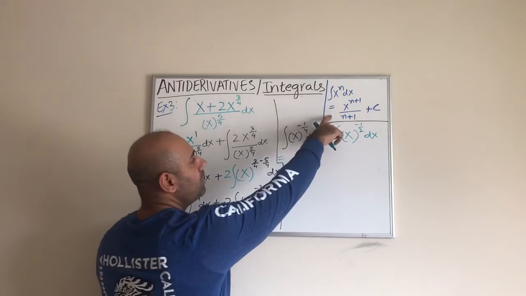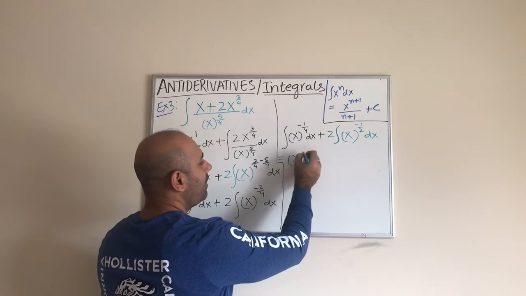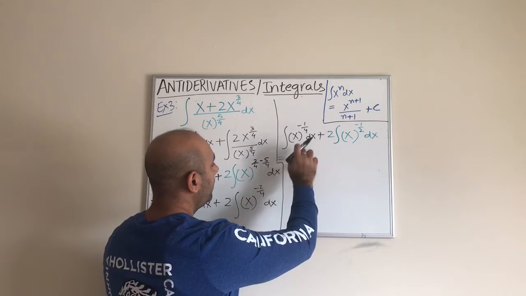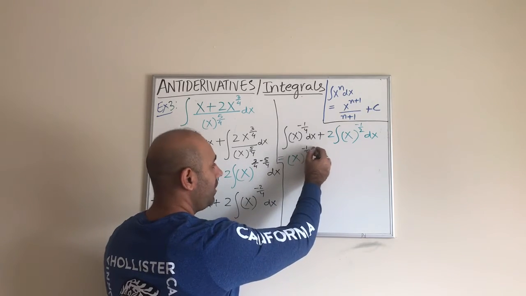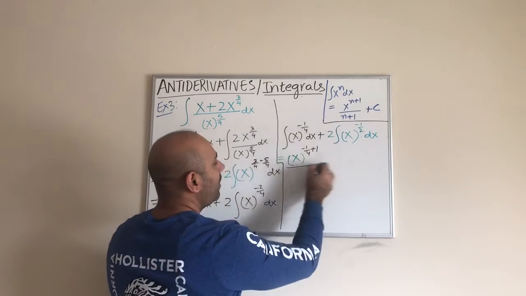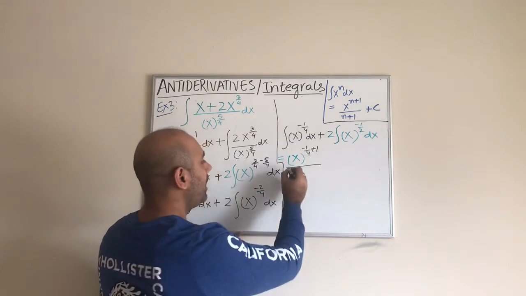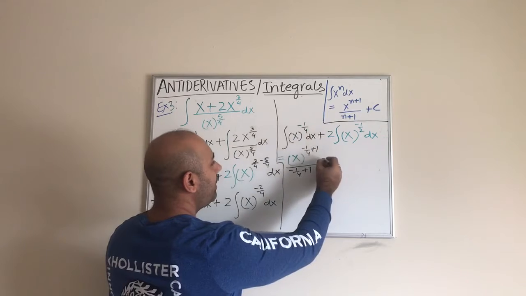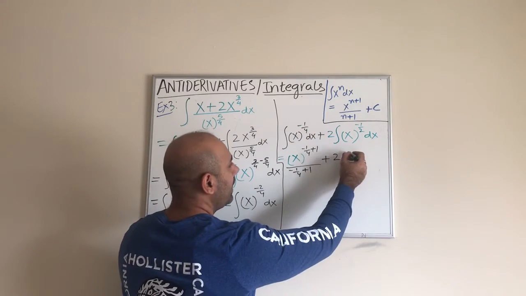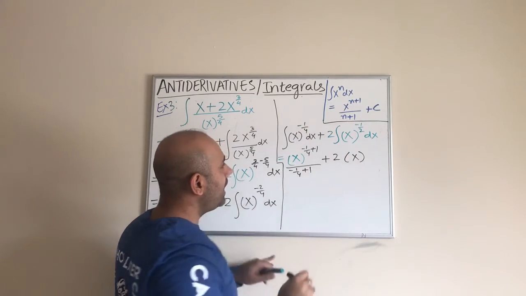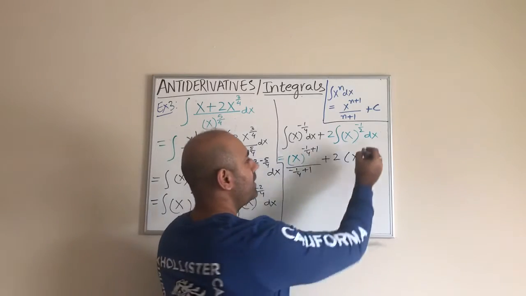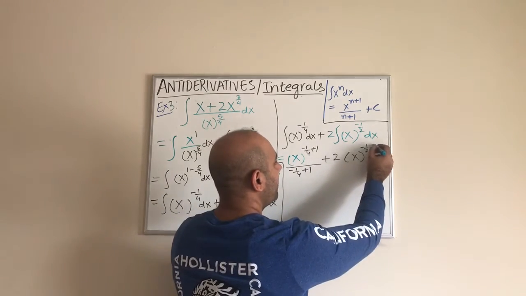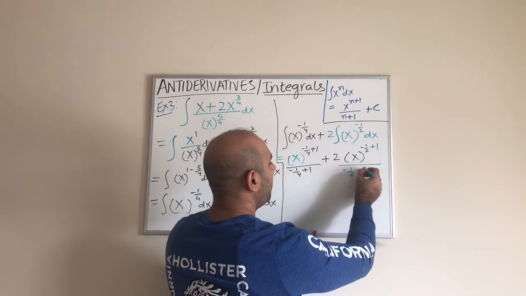Using the power rule, this is x to the power negative 1/4 plus 1, n plus 1, and we have to divide by the same thing, n plus 1, negative 1/4 plus 1. That takes care of the first integral, plus 2 times, guys, x to the power n plus 1. n is negative 1/2 plus 1, upstairs, same thing downstairs as well.